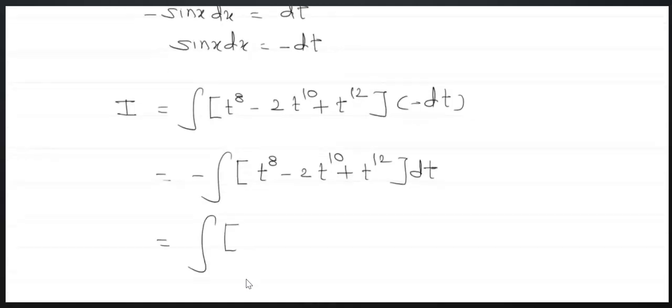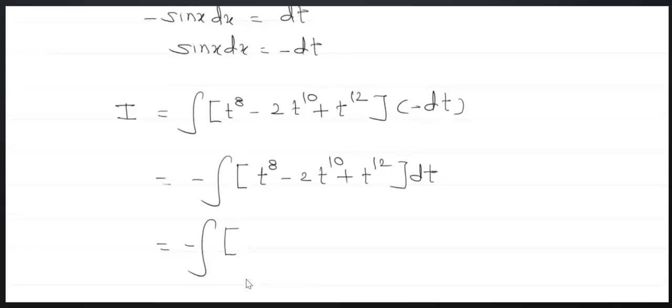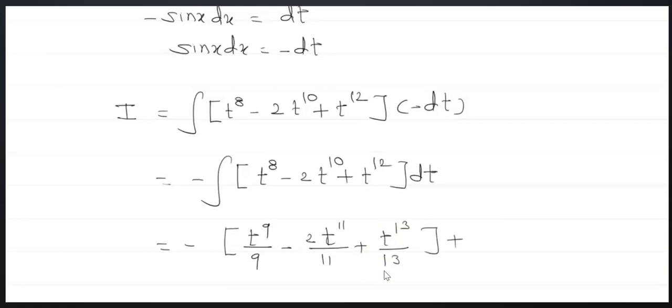Now evaluate this, the integral of t raised to n, and apply the negative sign. It is t raised to 9 upon 9 minus 2 t raised to 11 upon 11 plus t raised to 13 upon 13 plus c.